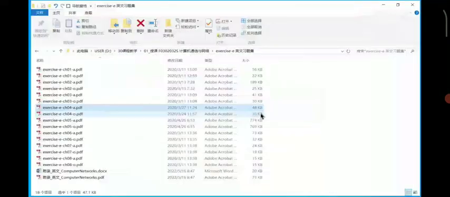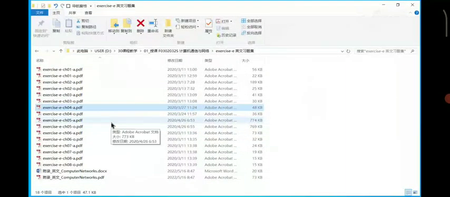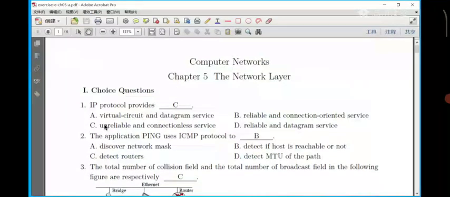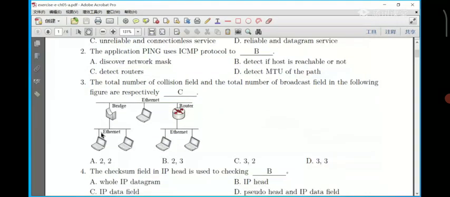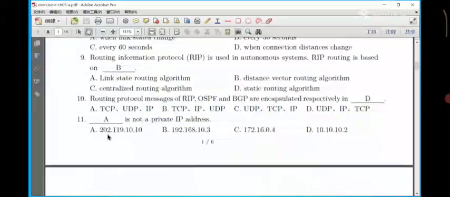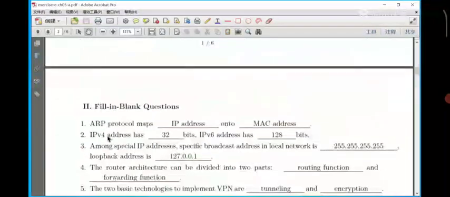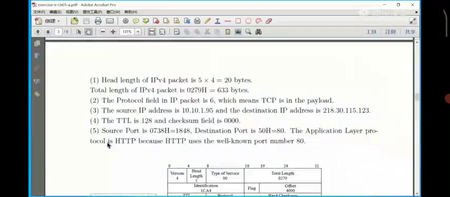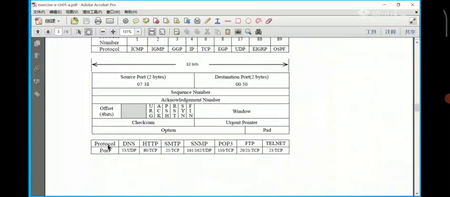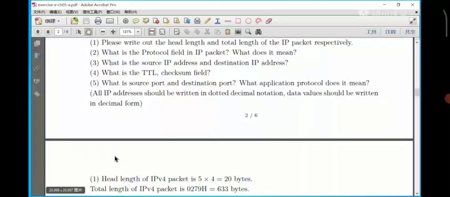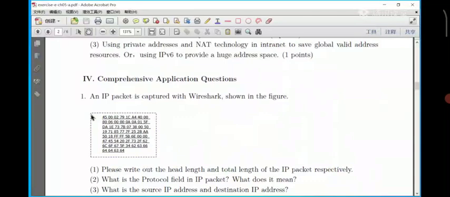Okay, questions in chapter 5, I have illustrated them, so I will not repeat. Especially the capturing and analysis of the information captured with Wireshark.